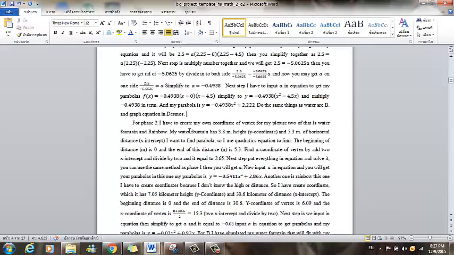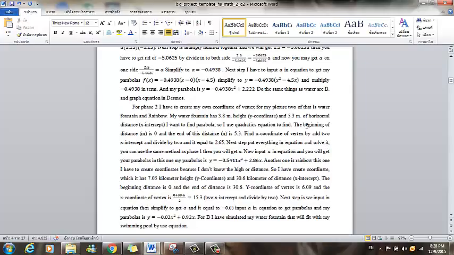For phase 2, I had to create my own coordinate of vertex for my two pictures, the water fountain and the rainbow. My water fountain has 3.8 meters height as the y coordinate, because height is the y coordinate, and 5.3 as the distance, the x-intercept. To find the parabola, I use the quadratic equation.